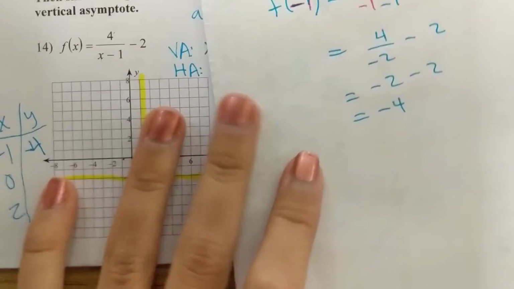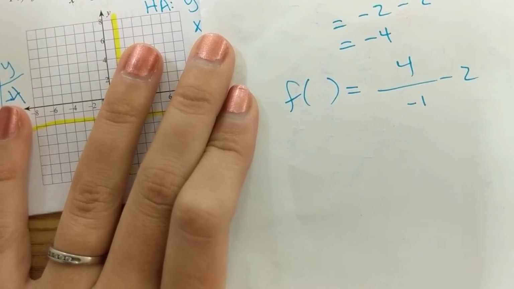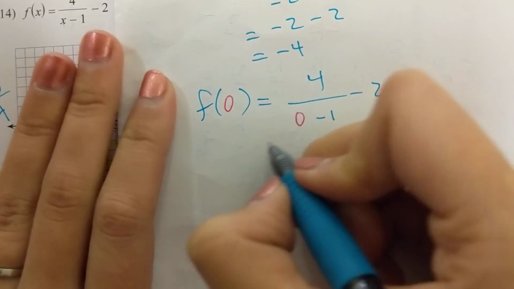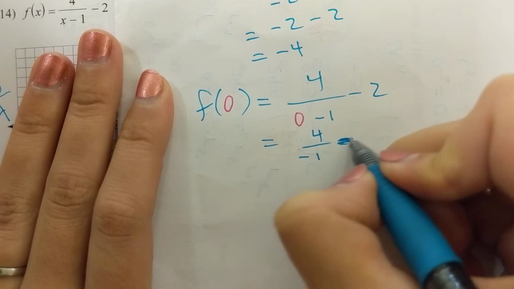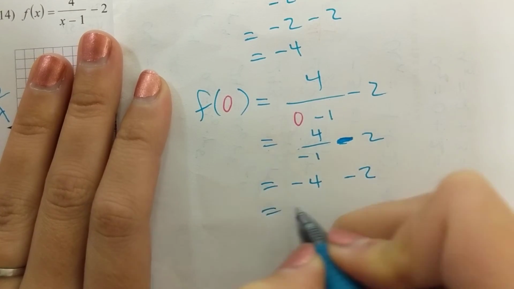All right, plug in 0. F of 0. Plug in 0 for x. All right, so you have 4 over negative 1 minus 2 is negative 4 minus 2, negative 6.